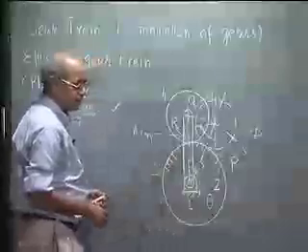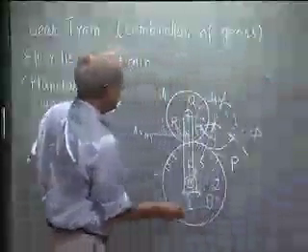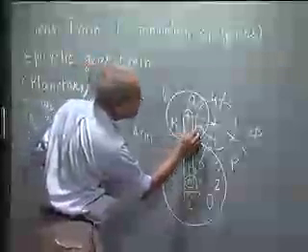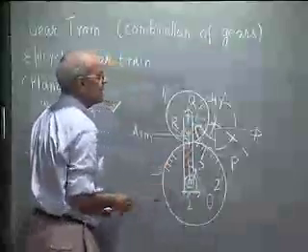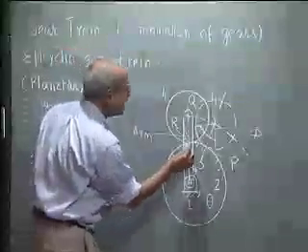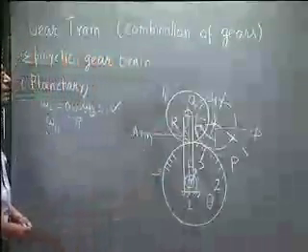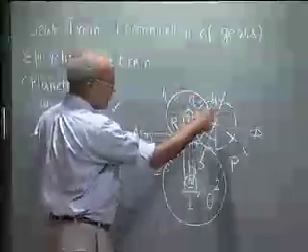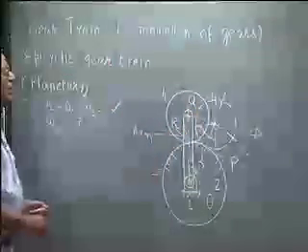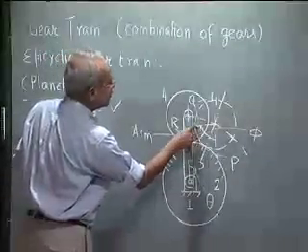That means these two arc lengths must be the same. This arc length on the smaller planet gear is the same as this arc length on the sun gear or larger gear, because they are rolling on each other without slipping. So arc PR is the same as arc PQ.